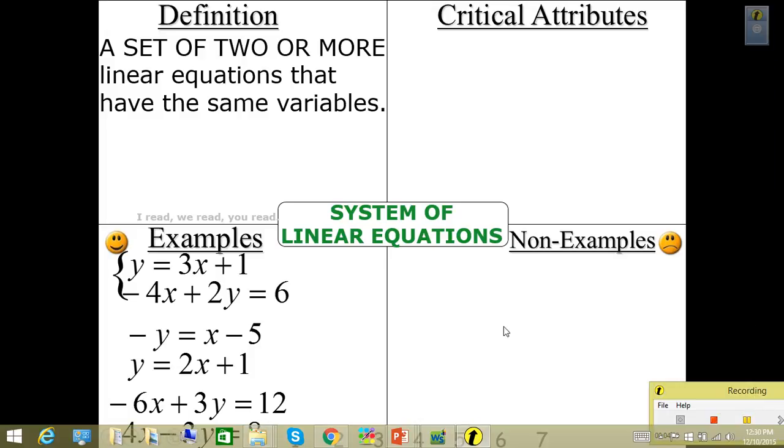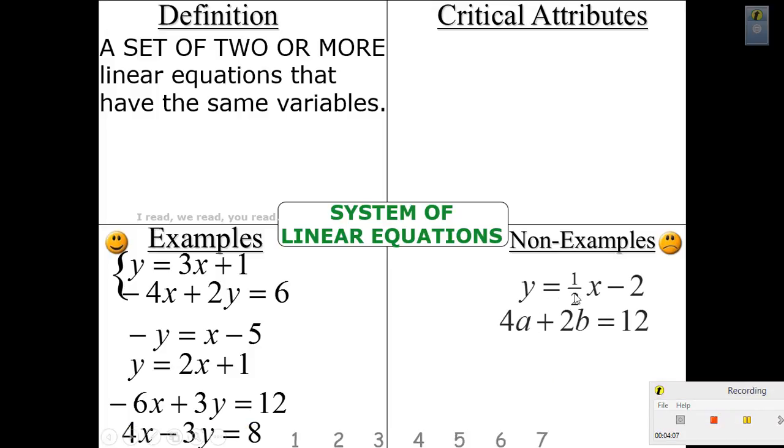Let's go to non-examples. Look at this one. y equals 1/2 x minus 2 and 4a plus 2b equals 12. As you're writing it down, fill in the blank in your noodle. Don't say it out loud. This is not a system because blank.